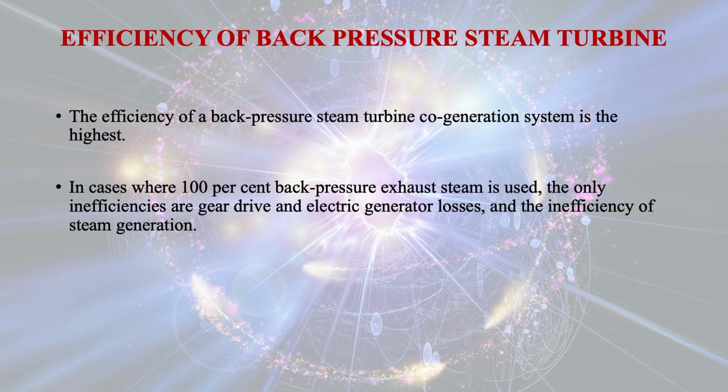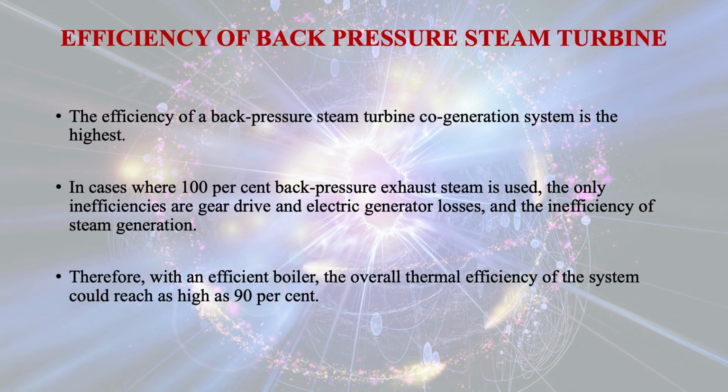The only inefficiencies are gear drive and electric generator losses and the inefficiency of steam generation. Therefore, with an efficient boiler, the overall thermal efficiency of the given system could reach as high as 90%.